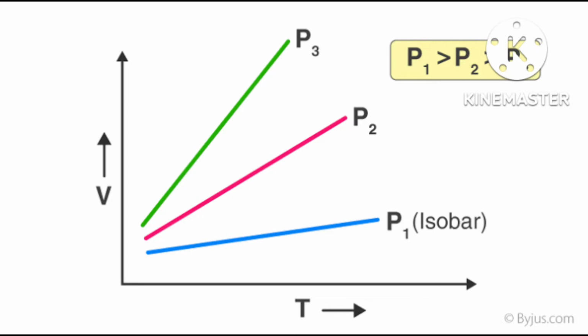Then, for a fixed mass of a gas at constant pressure, volume of a gas increases on increasing temperature and decreases on cooling. They found that for each degree rise in temperature, volume of a gas increases.